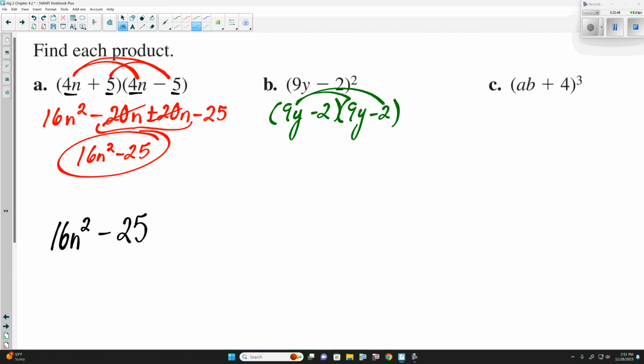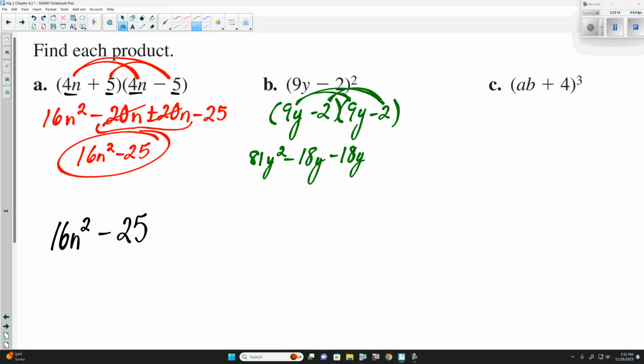So we can do 9y times 9y. 9 times 9 is 81, and y times y is y squared. 9y times negative 2. 9 times negative 2 is negative 18, and we have our y. Then we'll do negative 2 times 9y, which is again negative 18y.